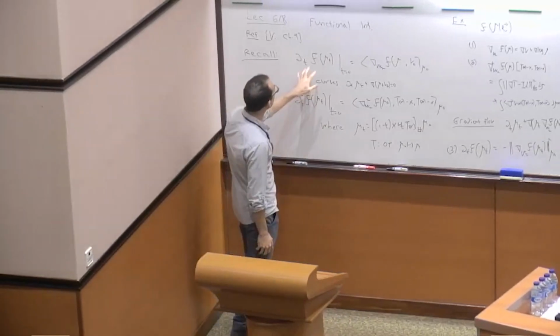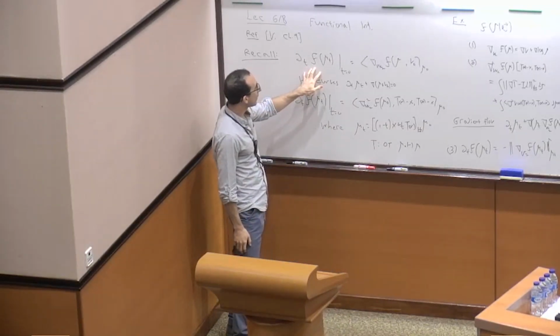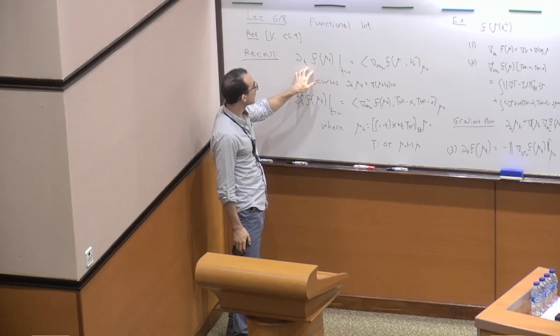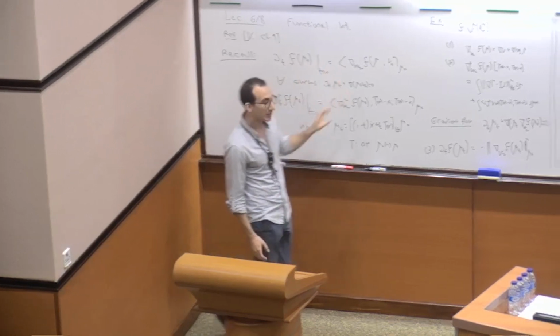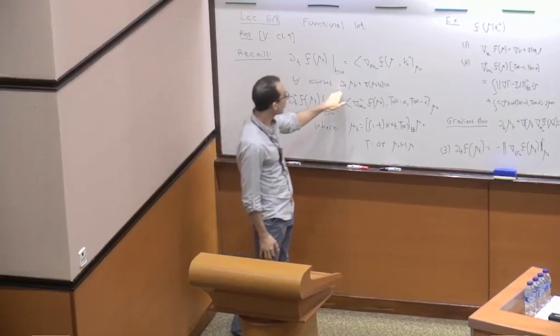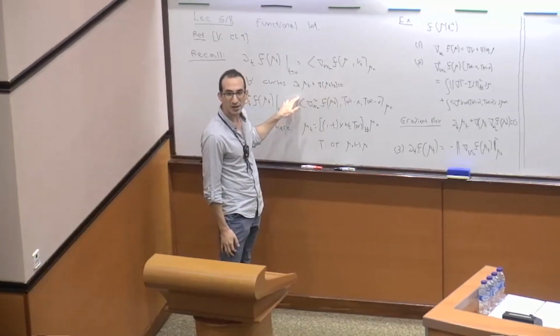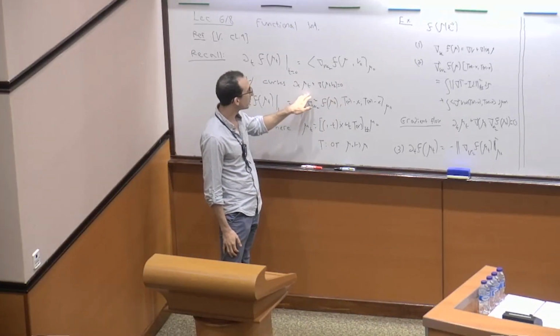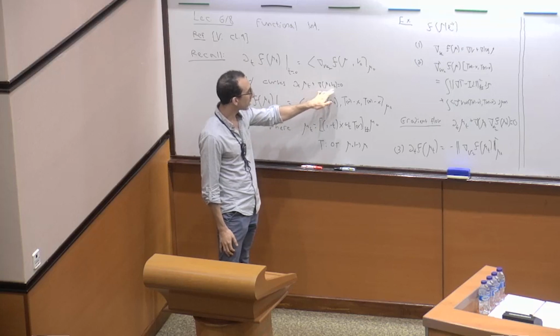First, let me remind you that if we have a functional f on the Wasserstein space, then the way we define its derivative is by looking at curves which satisfy this continuity equation: partial t of mu t plus the divergence of mu t times vt equals 0.